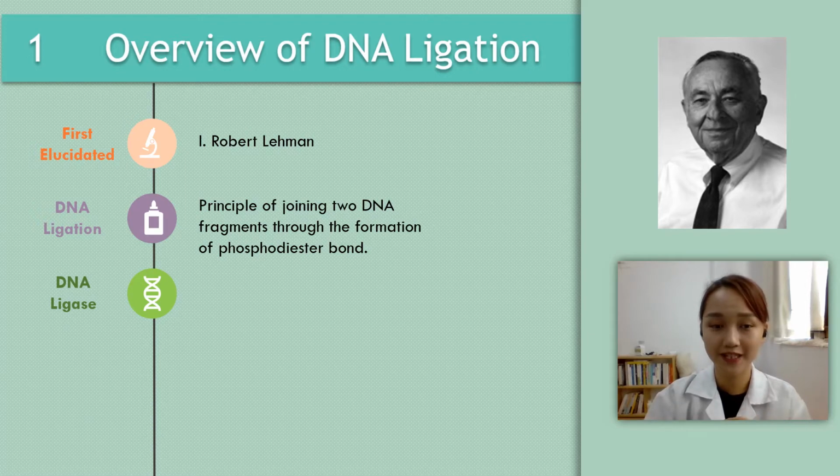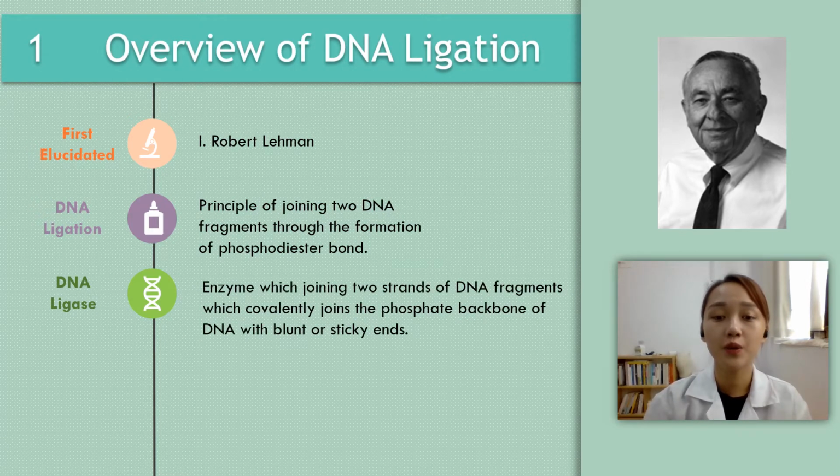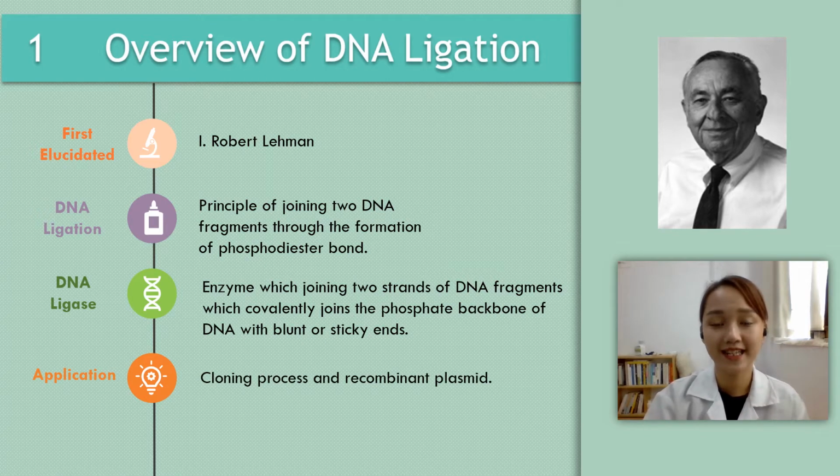In this process, DNA ligase acts as a very important role to help in joining two strands of DNA fragment, which covalently joins the phosphate backbone of DNA with either blunt ends or sticky ends. In other words, we can call sticky end cohesive end. There are a lot of applications of DNA ligation used in this century, such as the cloning process, recombinant plasmids, and a lot more.